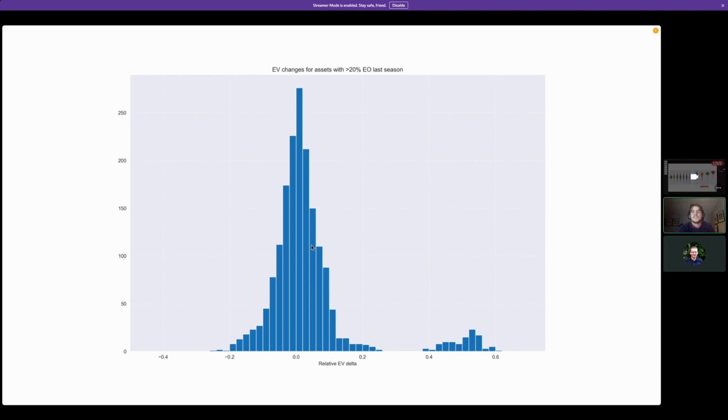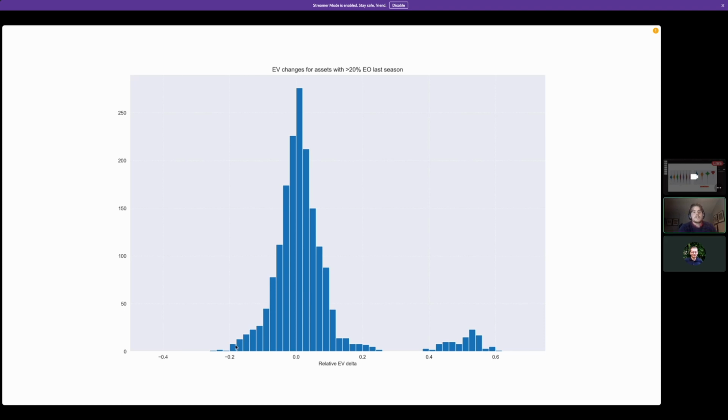So first of all, can you see this plot here? Yes, you can. Brilliant. This is just an outline of the sample that I'm using, where each sample is basically a pair of values. It's the EV predicted in a previous game week compared to the expected value in the actual game week, the pre-deadline EV.